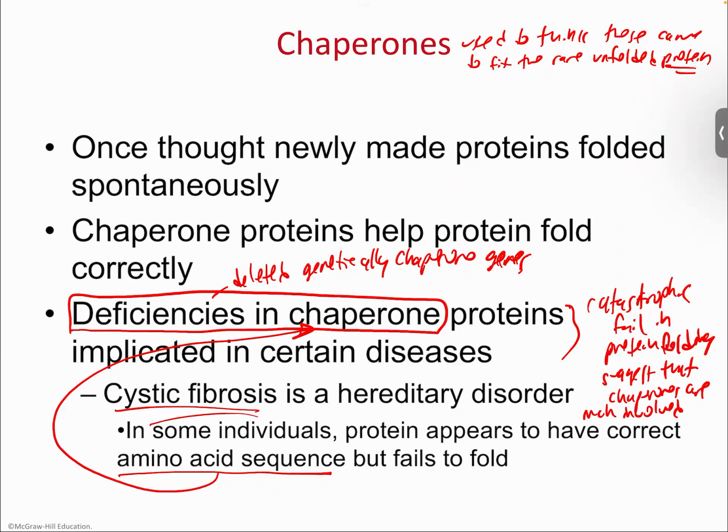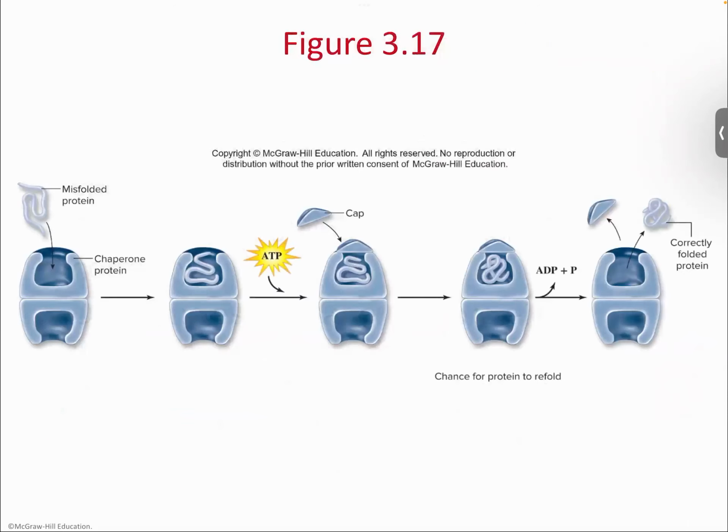Just like with a potting wheel, all you have to do is put your finger in the middle of the ball, and it automatically starts to form the cup shape. So you didn't do very much. It looks like the clay is magically doing its own thing, but it's actually your finger helping it to do what it needs to do. The same thing is true here. The chaperone looks like it does very little, but what it does is really critical in order to get this sequence to fold properly.